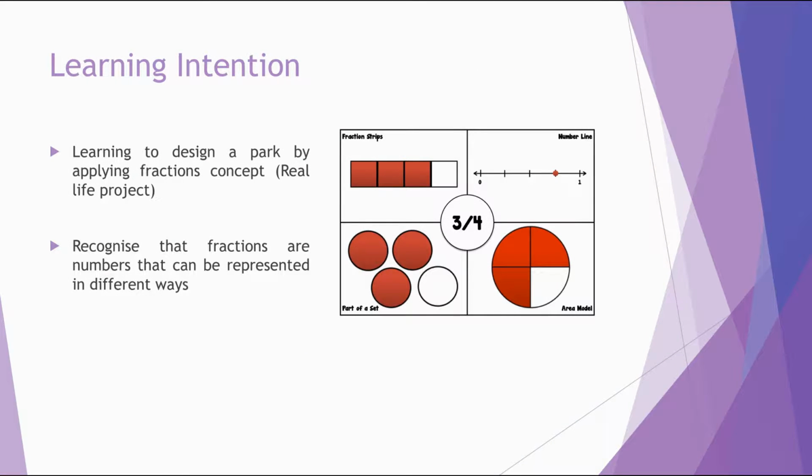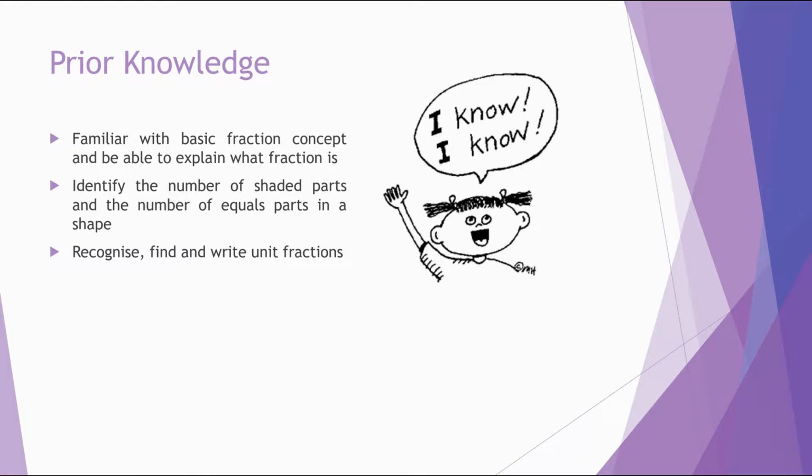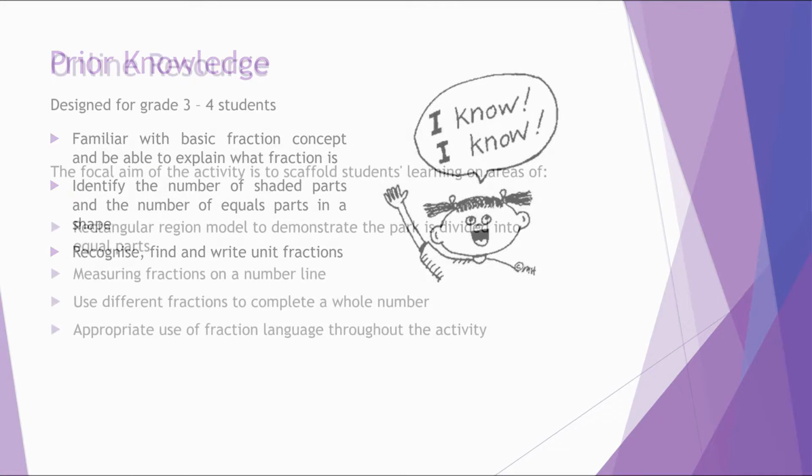The learning intention of the online resource is to design a park by applying fractions concept as well as recognizing that fractions are numbers that can be represented in different ways. The task requires students to be familiar with basic fraction concept as well as being able to identify the number of shaded parts and the number of equal parts in a shape, as well as being able to recognize, find and write unit fractions.